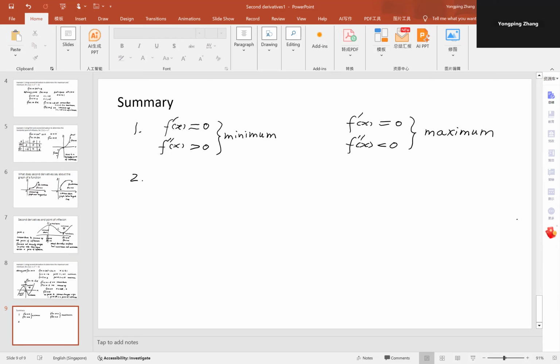The second is that f'(x) equals 0, so this is a stationary point.